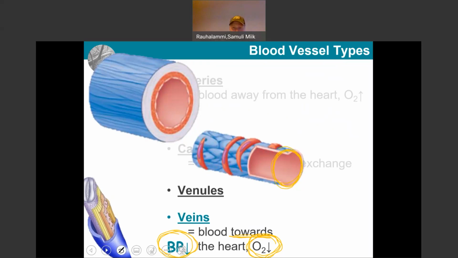We saw that when we looked at that microscopic image. So this explains why the blood pressure within veins has to be smaller. If the blood pressure was very high, it would be easy for us by accident to break these walls of the veins. Most of the blood vessels are actually veins in the body.